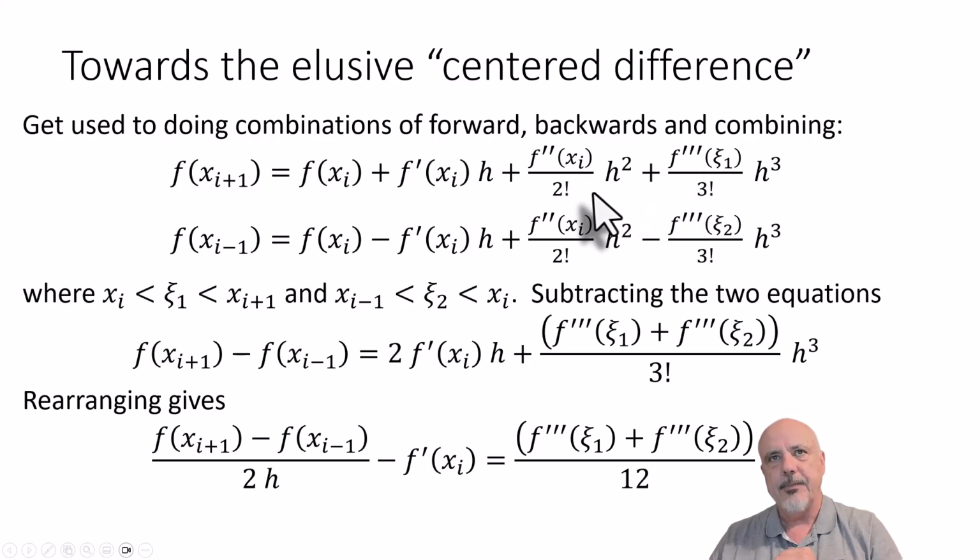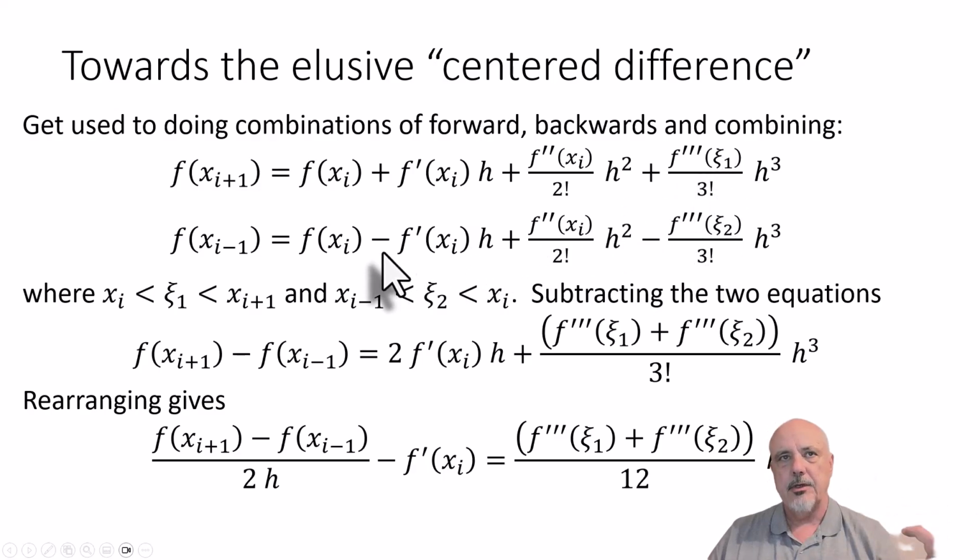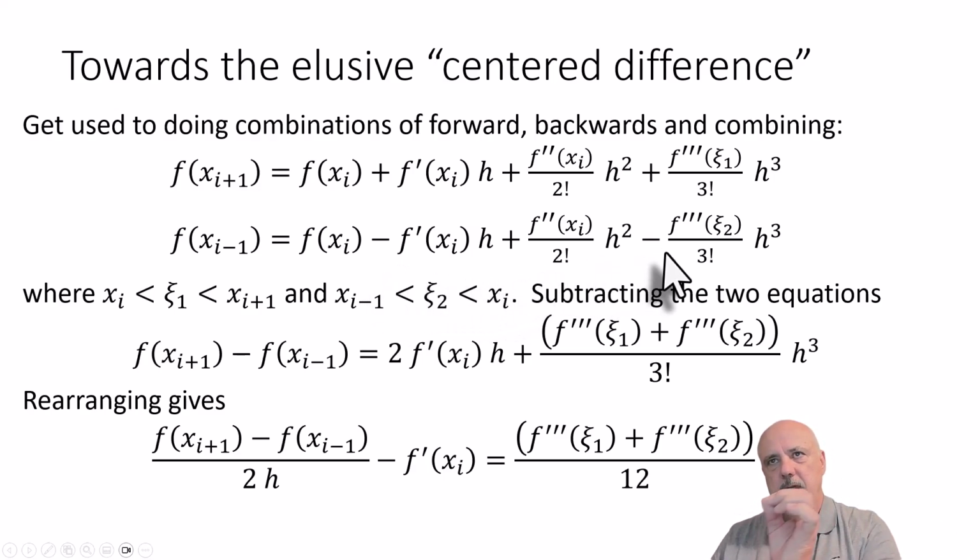Okay, so I've got my x sub i coming back in for my second derivative, and I've got my third derivatives with the c's, and I've got my backward steps getting a negative sign for the odd-powered h's and the odd-powered derivatives, and then my even derivative is a plus.